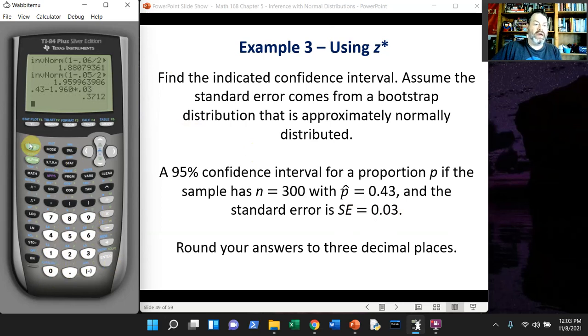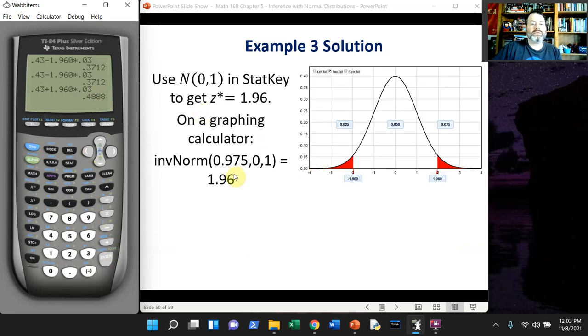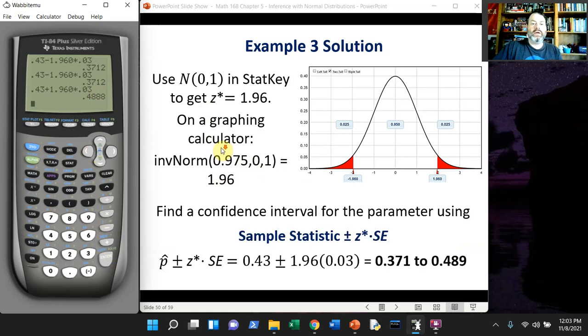And then I'm going to do this again, and I'm just going to change this to a plus. And again, final answers are rounded to 3 decimal places. So it would be 0.371 and 0.489.